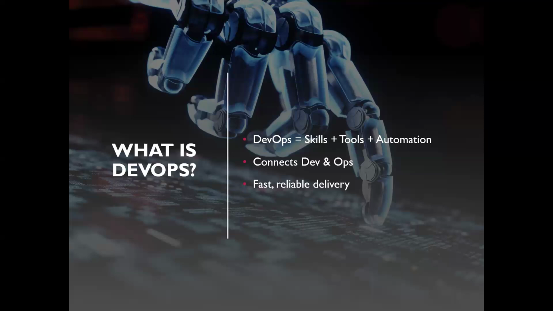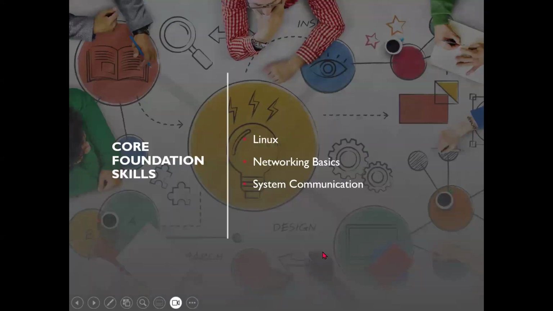DevOps is also a way to build applications faster and reliably, and deliver them to the market with speed. So if you're asking yourself what DevOps is all about, it's about applications: skills, tools, and automation. These are the skills that you are going to acquire. I hope you're excited about that.